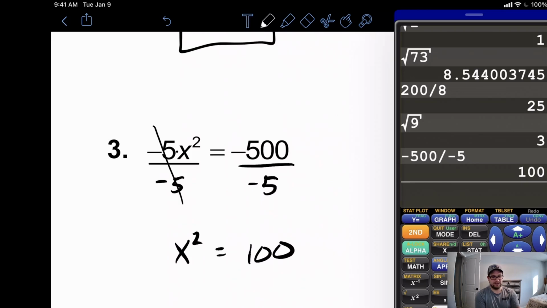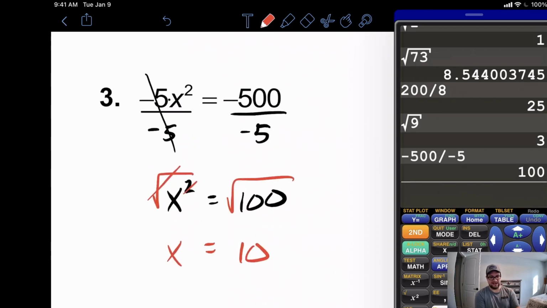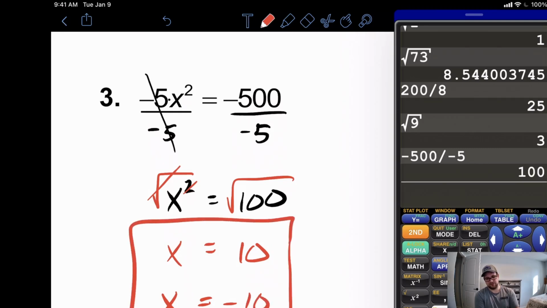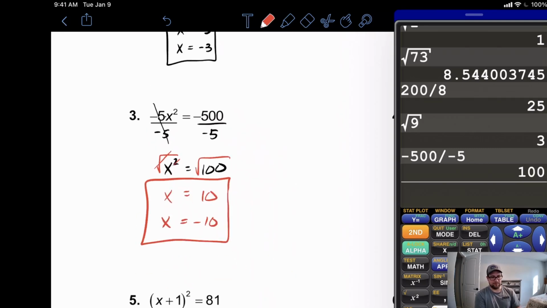And now let's get x alone. Take the square root of both sides. These two cancel off, leaving you with just x. Now, the square root of 100 is 10, but don't forget about that second answer, 10 and negative 10. Nice job.